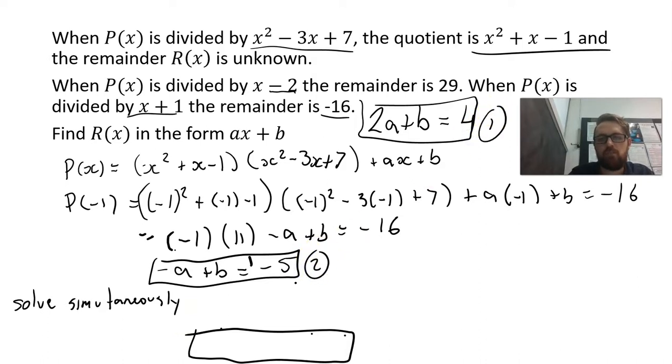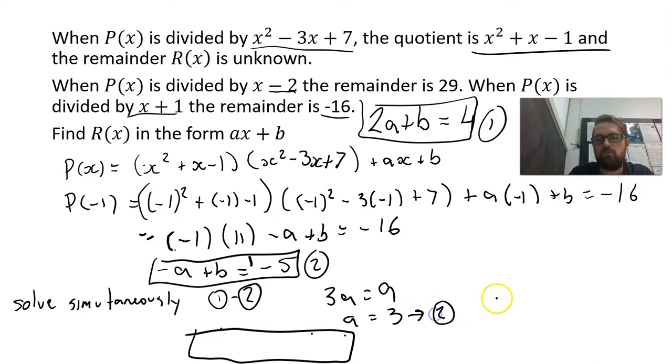Let's just do 1 minus 2, which gives 2a minus negative a, which is 3a. b minus b is 0. 4 minus negative 5 is 9, so 3a equals 9. Therefore a equals 3. Now we can substitute that 3 into either one of our equations. Let's put it into equation 2. We get negative 3 plus b equals negative 5.